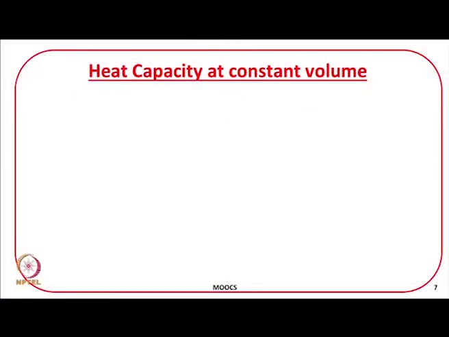Now we will discuss another very important thermodynamic quantity, and it is called the heat capacity. What is heat capacity? The definition of heat capacity is the amount of heat required to change the temperature of a system by 1 Kelvin.